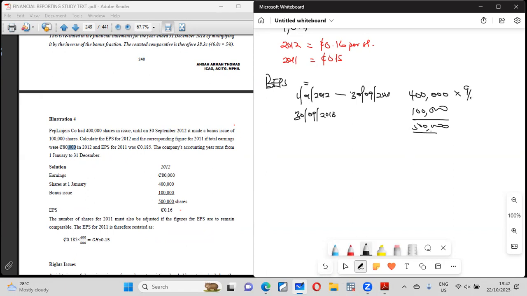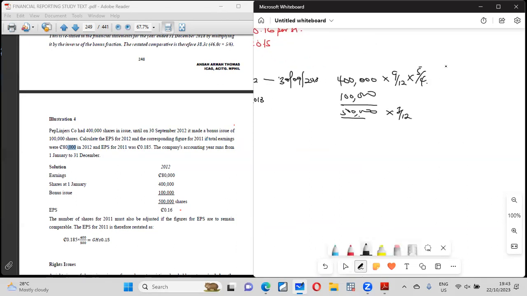And your bonus fraction: after the issue, the shares became 500, so your bonus fraction will now be 5/4, right? Then this one will be multiplied by 3/12. So if you can go ahead and do that.